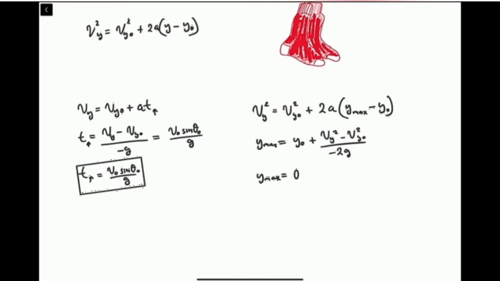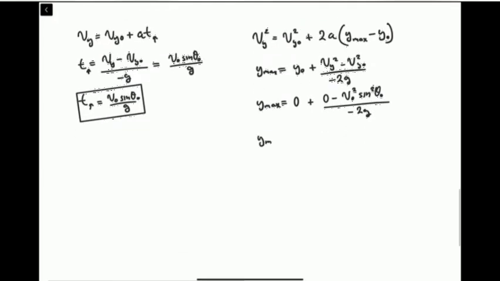We know that the final velocity is also going to equal 0. And we're dealing with the y component of the velocity. So that's the initial. And this is going to be over negative 2g. So the max height is equal to, so that's the max height.